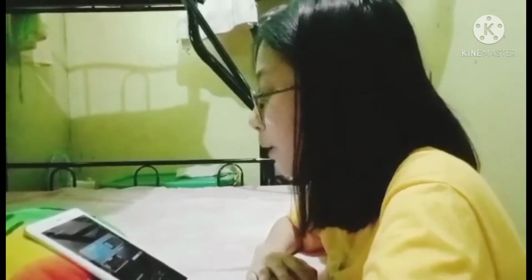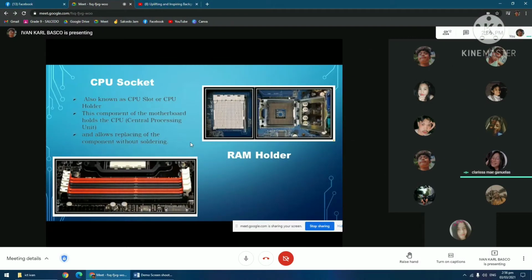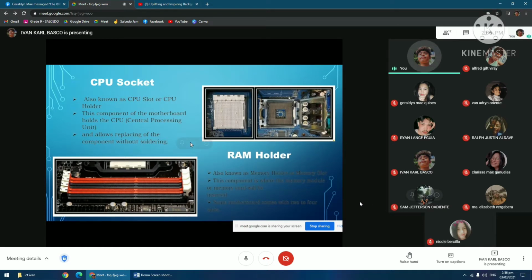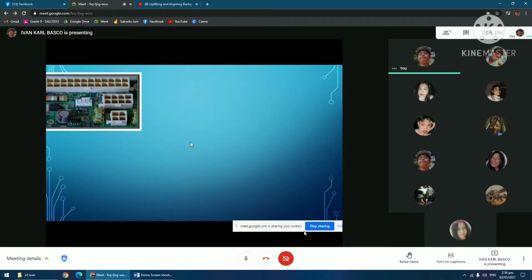This is the component where the memory card or memory module will be inserted, and some motherboards have 2 or 4 slots. Very good. RAM holder, also known as the memory holder or the memory slot. So this usually contains 2 or 4 slots.